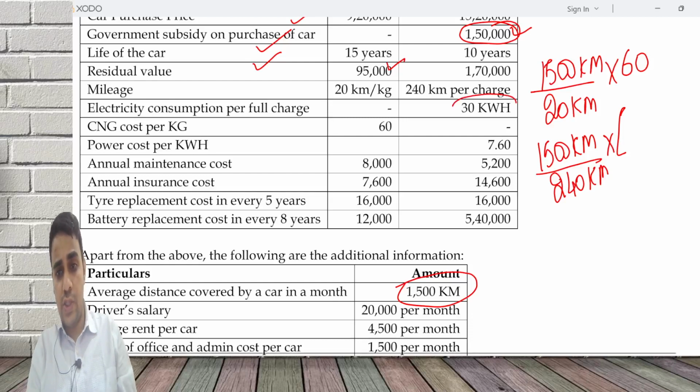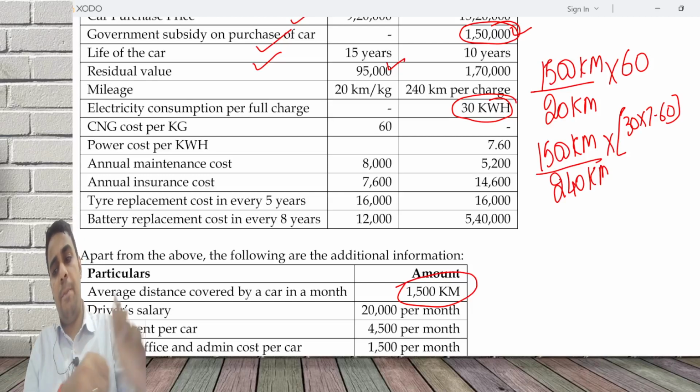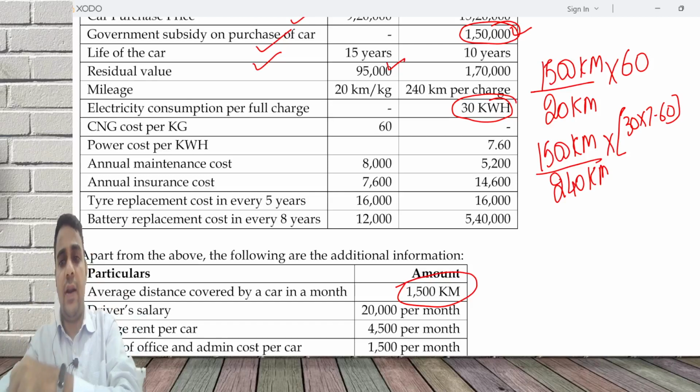In one charge, you have to spend 30 kilowatt hours, which is 30 units of electricity. So 30 into 7.6 is the cost per charge. Per time charging, we will travel 240 kilometers.